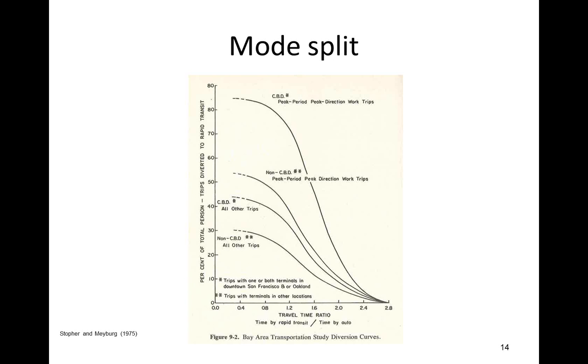So it's not only used for prediction, but also for design purposes, to design what type of service is needed to meet a particular mode share target for a particular city.